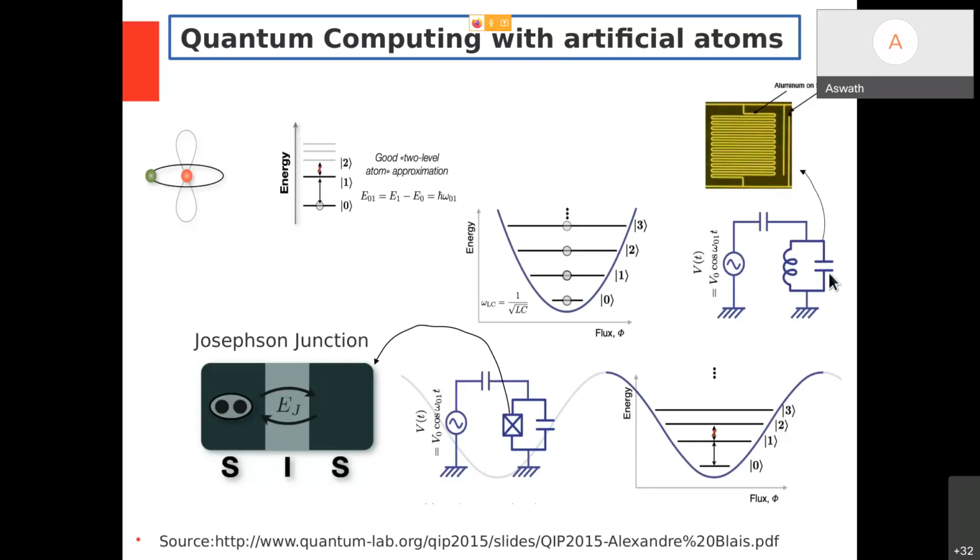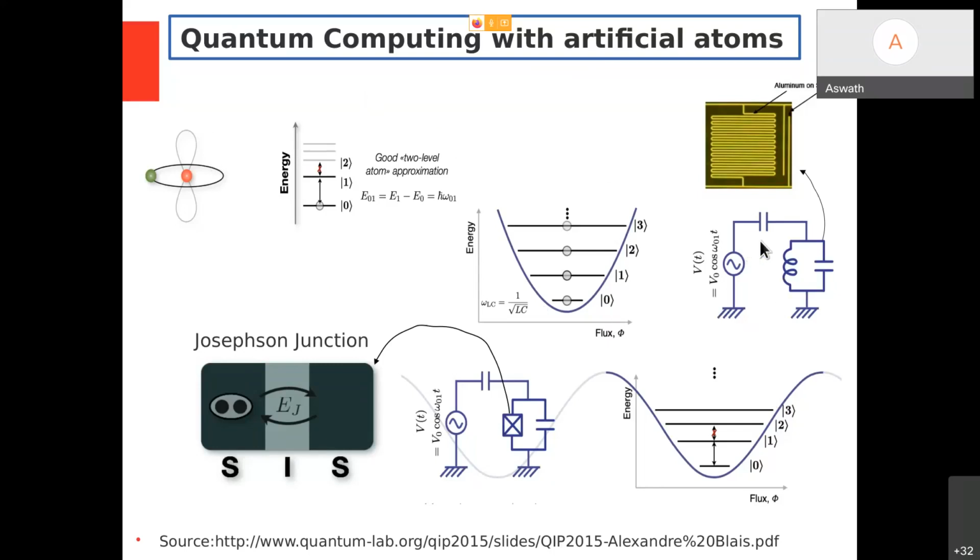If you recall, an LCR circuit is a kind of oscillator, in the sense the capacitor charges up and then discharges, again charges up and then discharges. So it becomes some kind of a clock. It always rotates and comes back to the same location charge-wise.